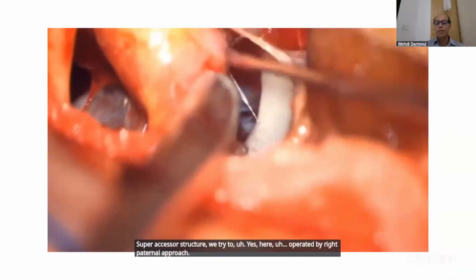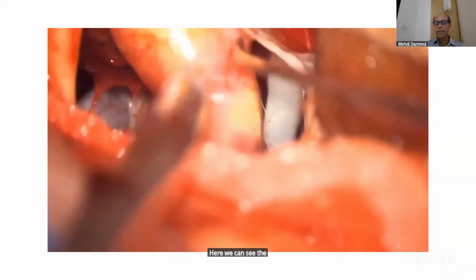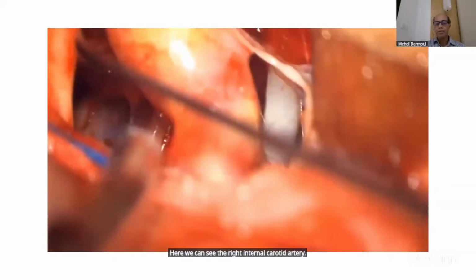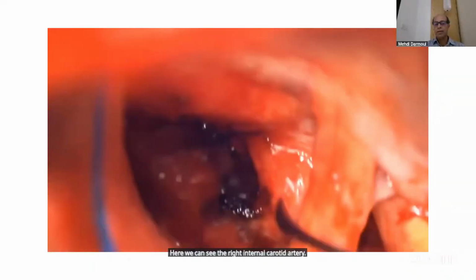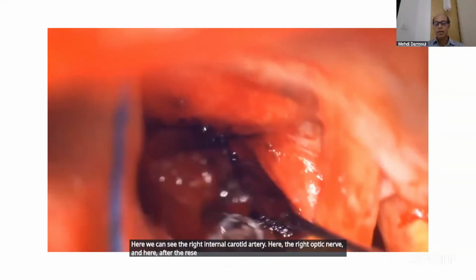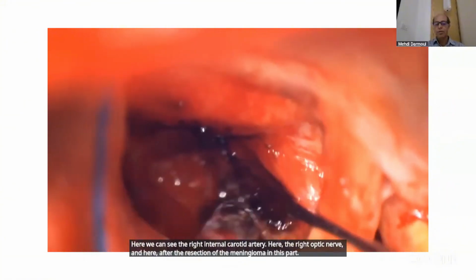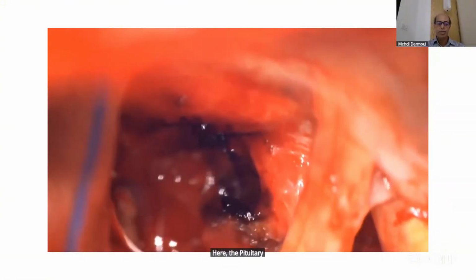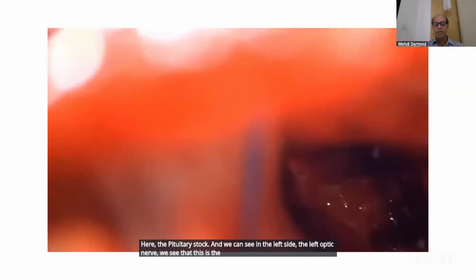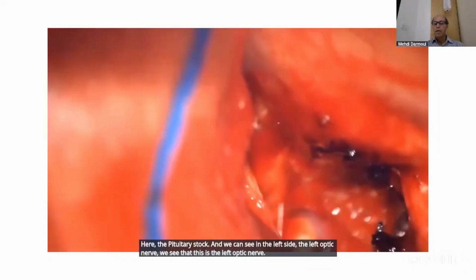Here we can see the right internal carotid artery. Here the right optic nerve, and here after the resection of the meningioma in this part, the pituitary stalk, and we can see on the left side the left optic nerve.